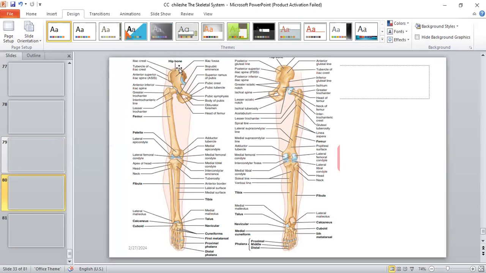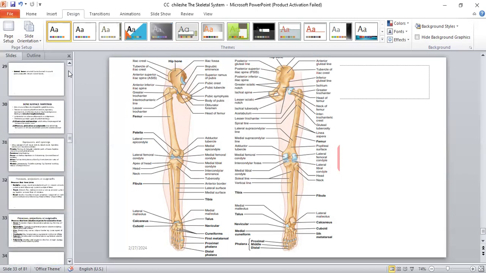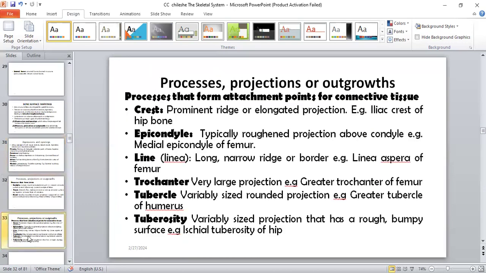That is a crest. This bone here is known as an iliac bone, so this portion at the top is the iliac crest.